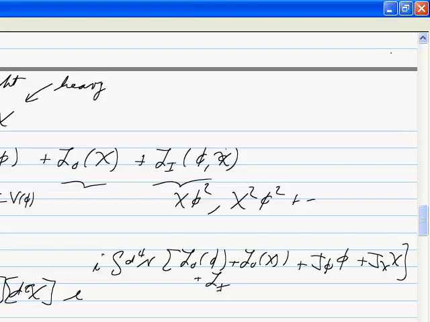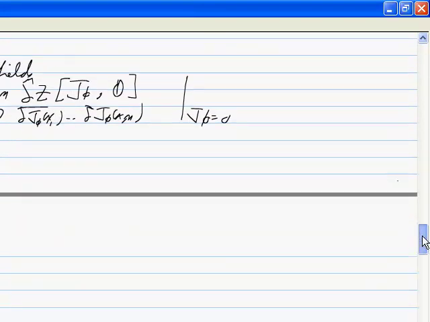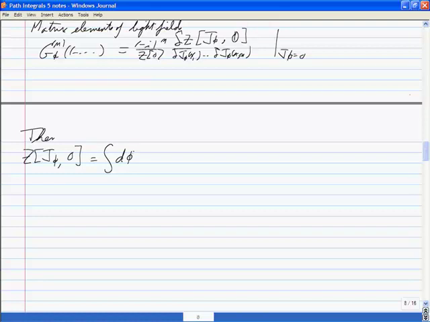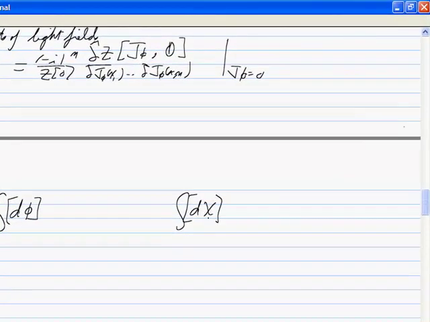Okay. So here's what we got. Then Z of J_phi and 0, the thing that's relevant for us, let me write it out in two steps. There's the integral d phi over here, and I'll write the integral d chi over here, and I'll take all the stuff that has chi and make sure it sits on that side.